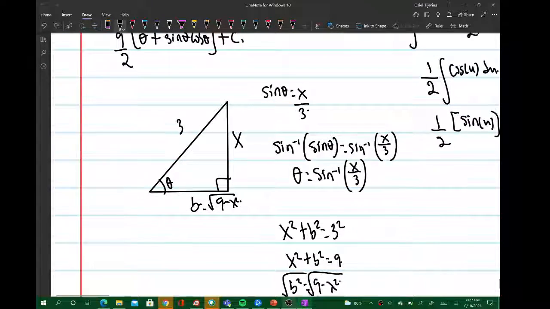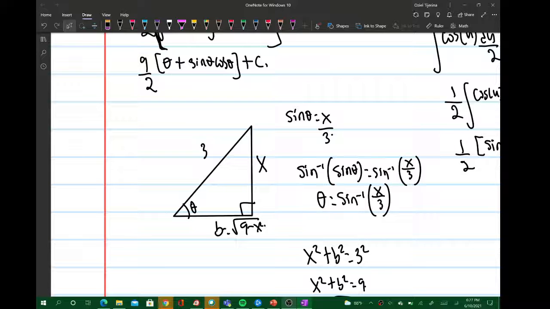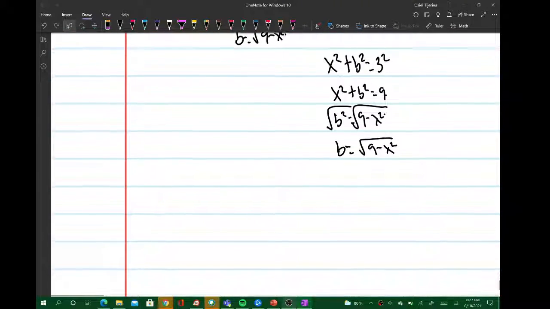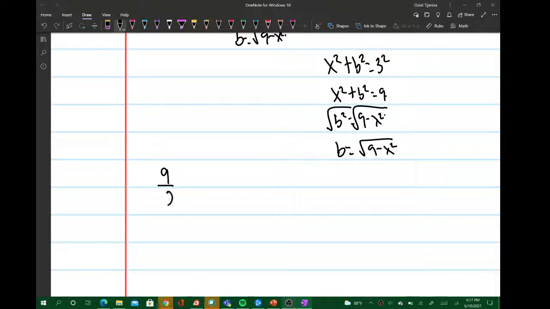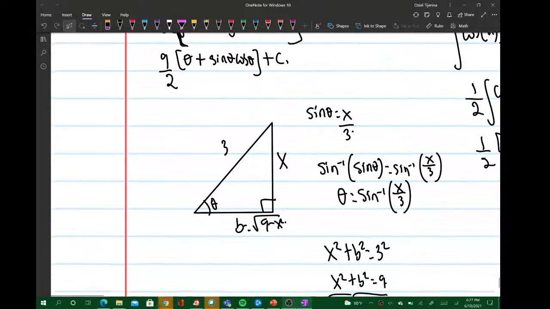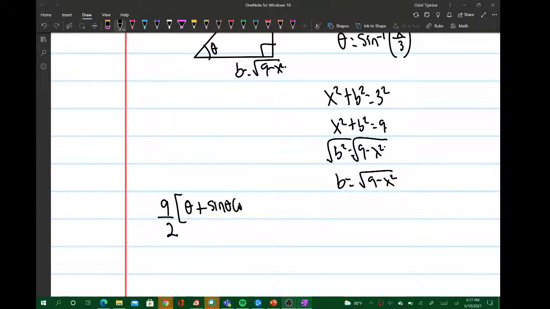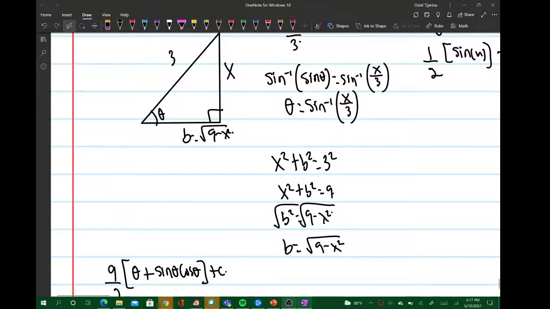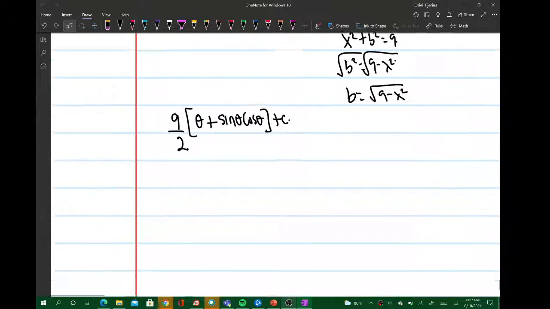Okay, so that means we can find the other two, sine theta and cosine theta. So, let's just go ahead and rewrite this expression here. Right? So theta, again, we said theta was sine inverse of x over 3.